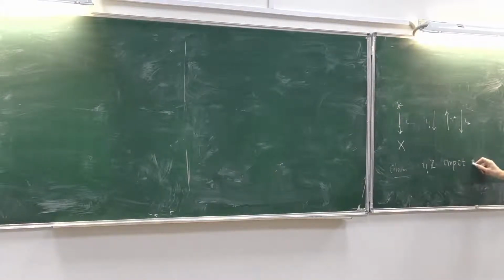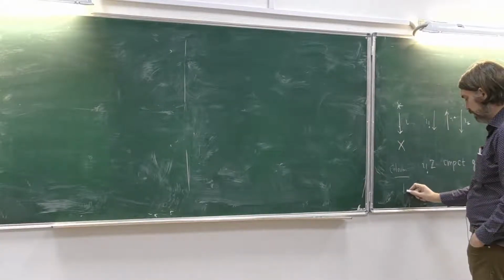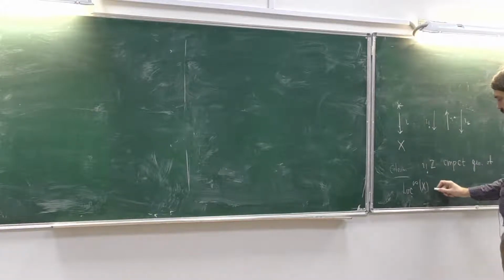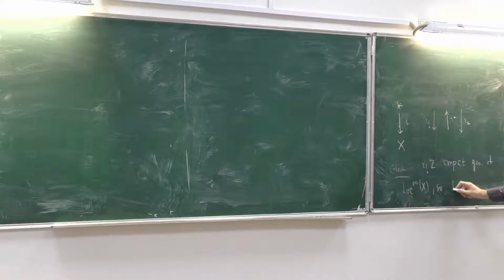This is a compact generator of the category of infinity local systems. And so the functor RHom out of it, and then the derived endomorphisms of this, is equivalent as a DG algebra to the chains of the based loops.